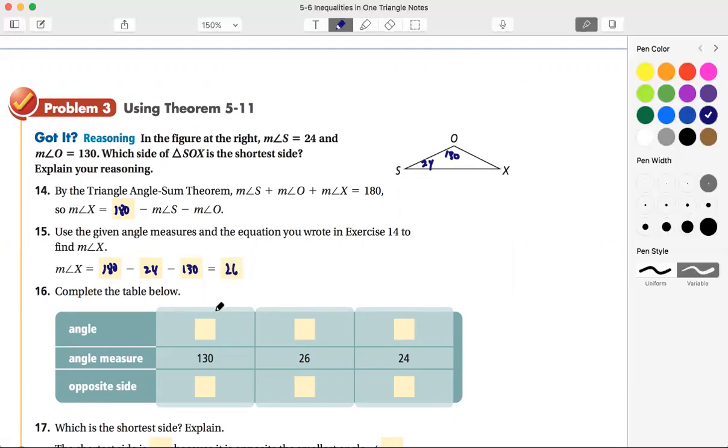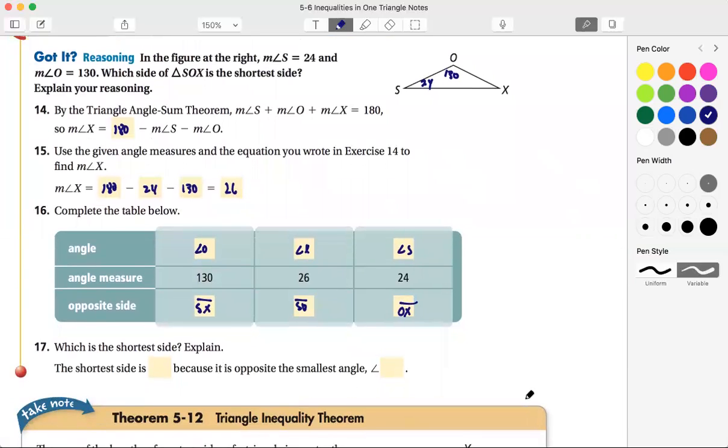Let's fill in the angles. Angle O is 130, angle X is 26, and angle S is 24. The opposite side for 130 is SX, the opposite side of X is SO, and the opposite side of S is OX. So the shortest side has to be OX because it is opposite the smallest angle S.